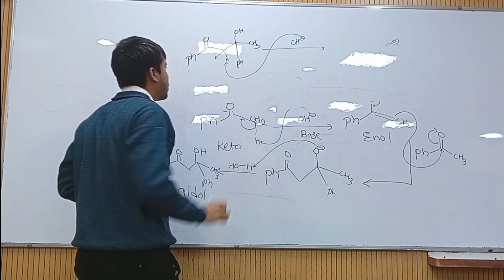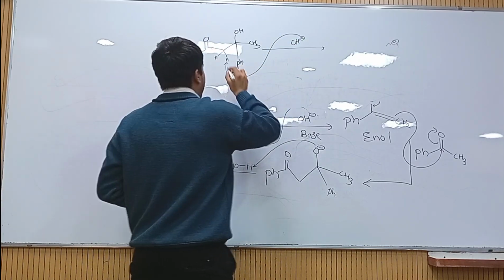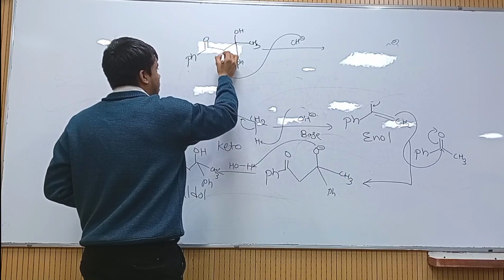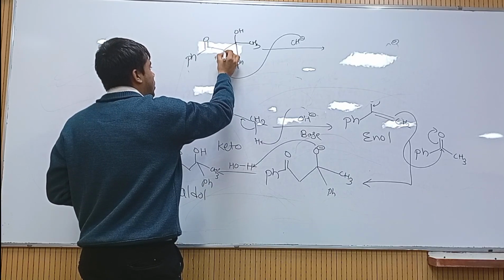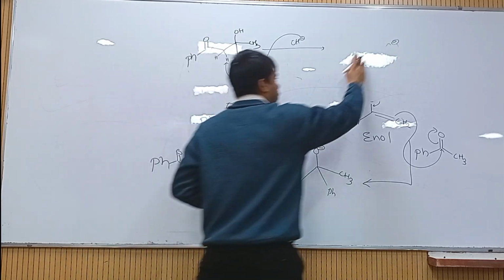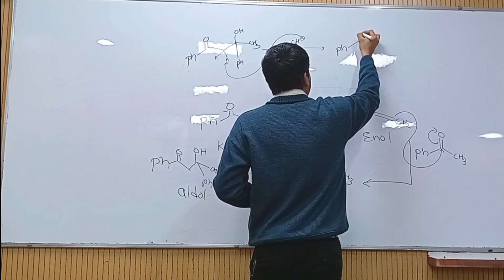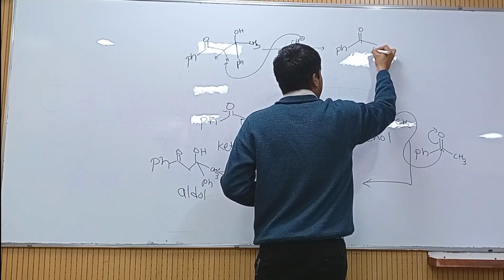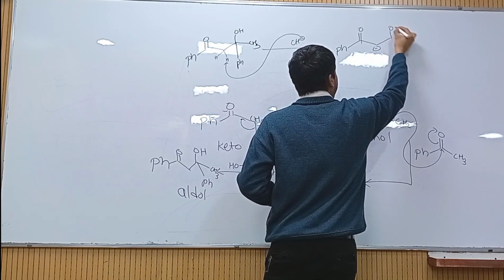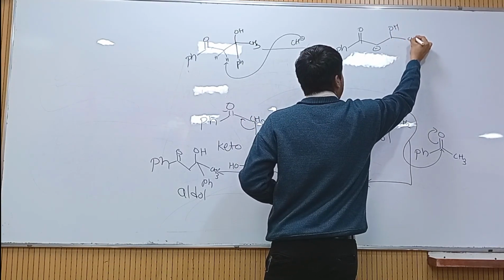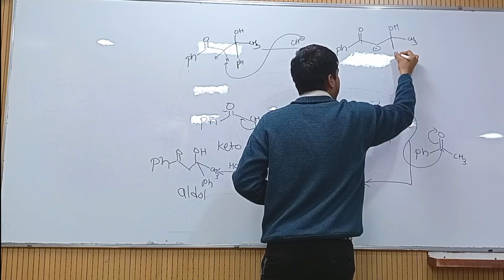So when it attacks over here, what will happen? The negative charge will be delocalized in the carbonyl. Okay. Or we can simply write, if we do not want to delocalize, then we can simply write the negative charge here. Okay. Write OH, CH3 and Ph. Okay.